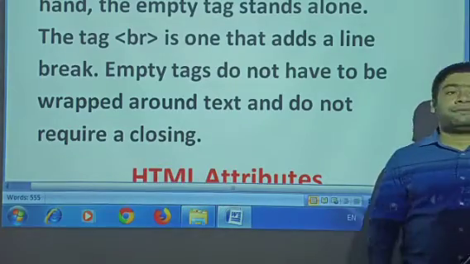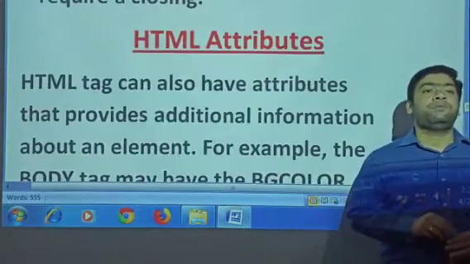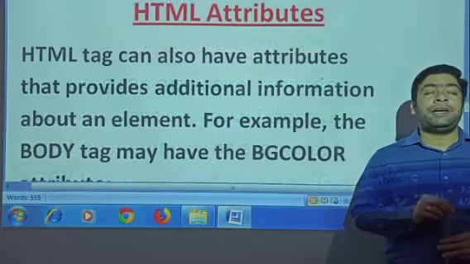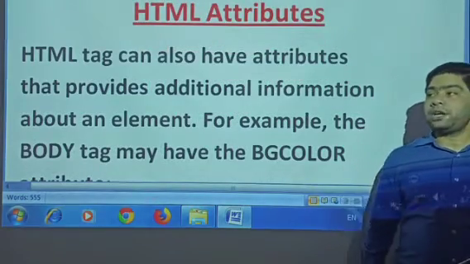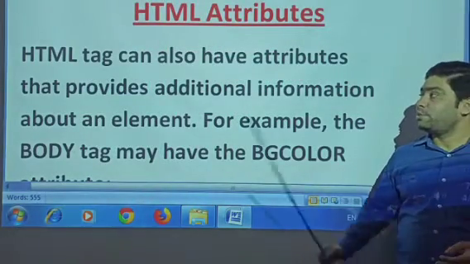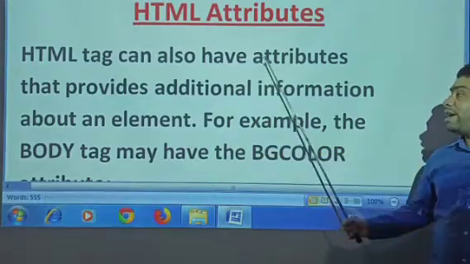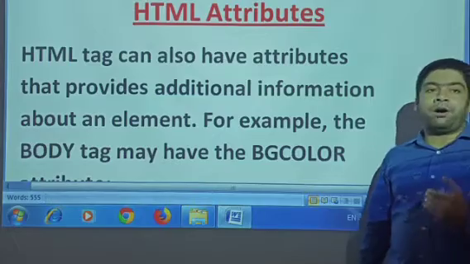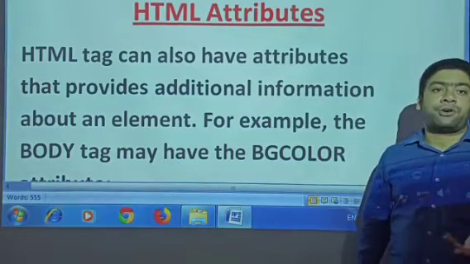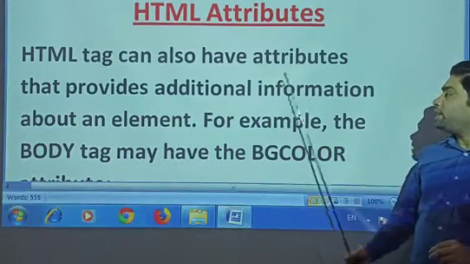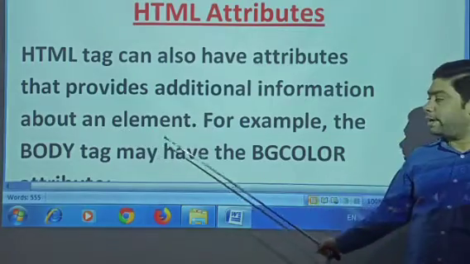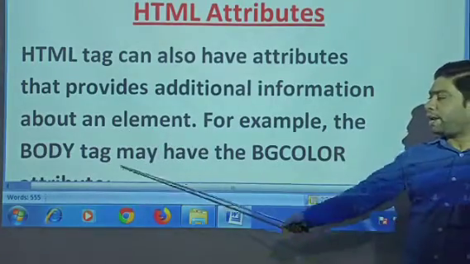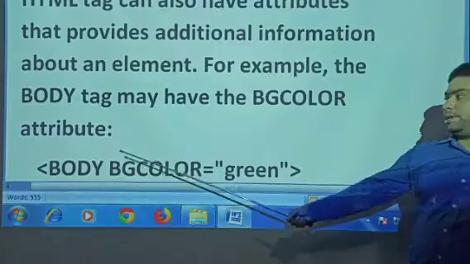Now, after empty and container tags, we move to HTML attributes or tag attributes. What are these? The HTML tag can also have attributes. Attributes mean the properties of that particular tag, giving additional information about an element. For example, the body tag may have the BGCOLOR attribute.